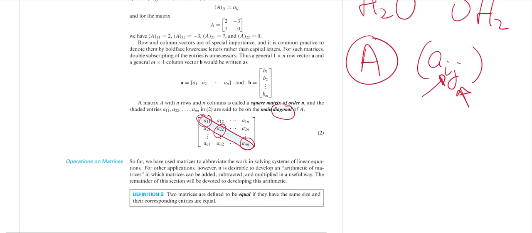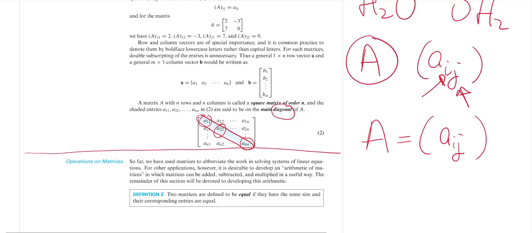For a matrix which is not square, which we call a rectangular matrix, we cannot really define the diagonal. So the diagonal is a special property of a square matrix. Okay, so these are the conventions and notations on how to write a matrix with its entries.